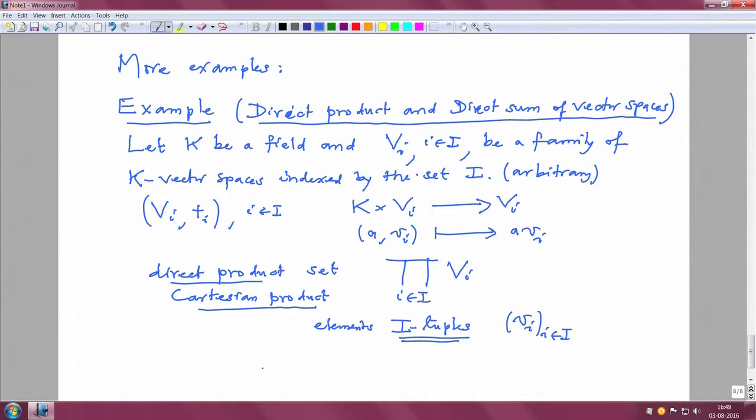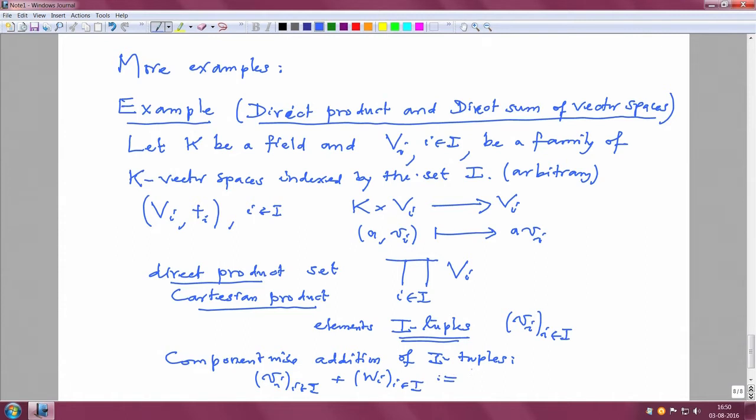So, on this obviously there is a group structure, that is component-wise addition of I-tuples. That is, if I have one I-tuple (vi), another I-tuple (wi), then the result should be another I-tuple.